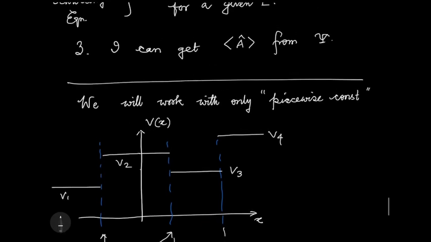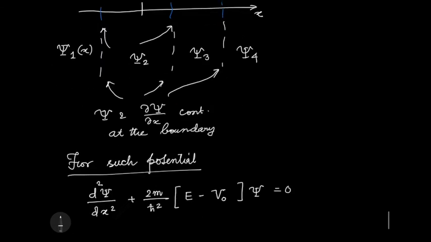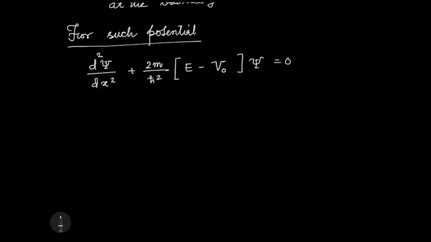So if I say that this particle has energy E, which is moving in such a potential, and say maybe this is the energy E, sometimes this energy is greater than V, like here, sometimes it is lesser than the potential. So we have to just consider what happens if E is greater than V0. Then you see that E minus V0 is greater than 0. Just for simplicity, we can define this as k square.